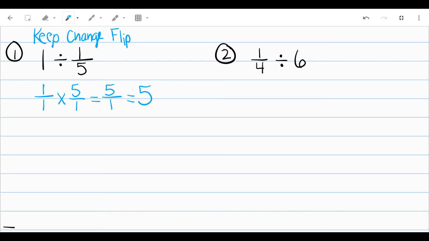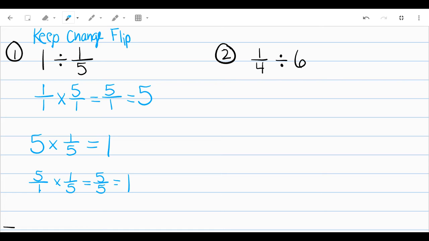Because if we think about it, if we have one whole and we split it by 1/5, we're going to have 5 of those because 5 1/5s make one whole. We can rewrite this as 5 times 1/5 equals one whole. And if we check this, we have 5 over 1 times 1 over 5, and 5 times 1 is 5, and 1 times 5 is 5, and 5 divided by 5 is just one whole, or 5 out of 5.